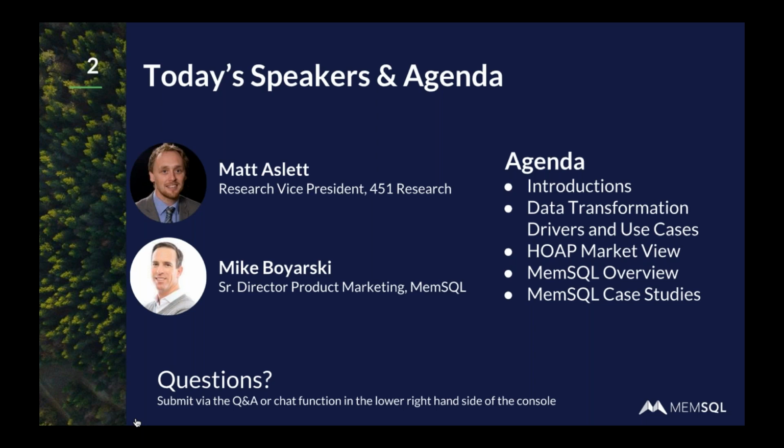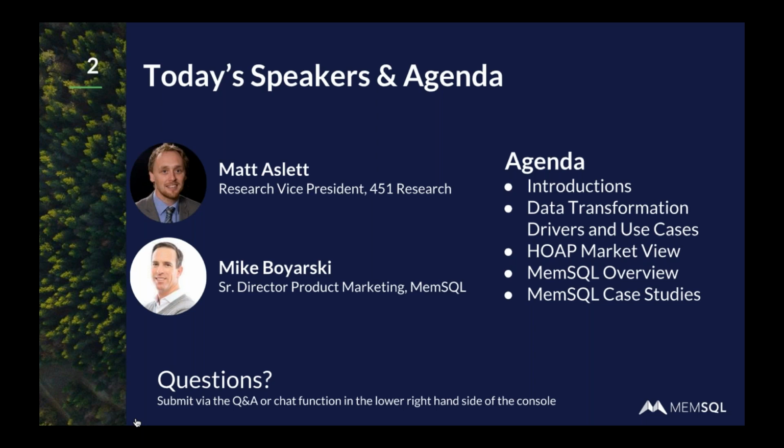Awesome. Thank you, Jennifer, and thanks, Matt, for joining us. We've got a great topic today, and I'm really excited to have Matt come and join us and talk about some of the data transformation drivers that are happening, and also go into more use case content, talking about what's ultimately driving this emerging class of database called HOAP from the perspective of the 451 Research team. So Matt's going to give an overview of the market landscape of the HOAP database space. It is an emerging market, an exciting new category.